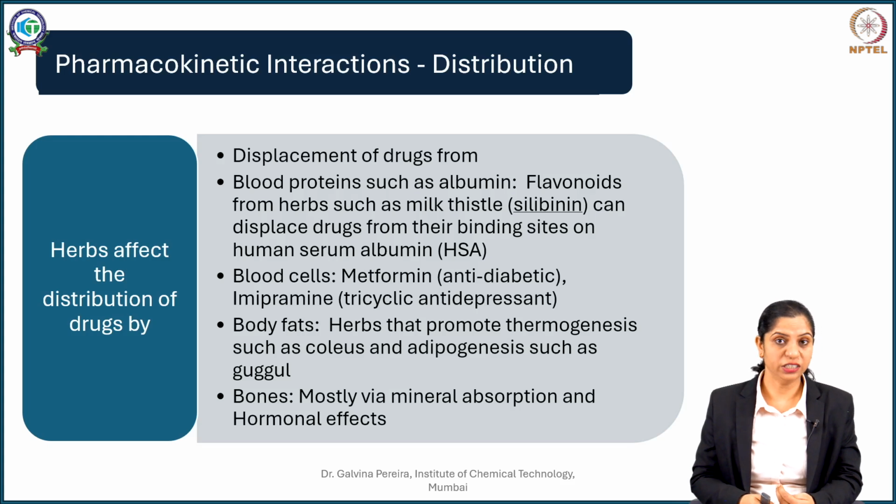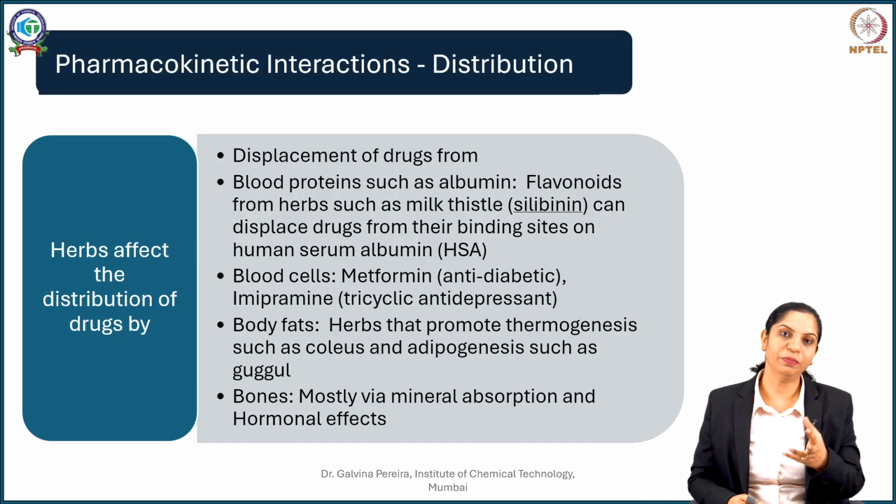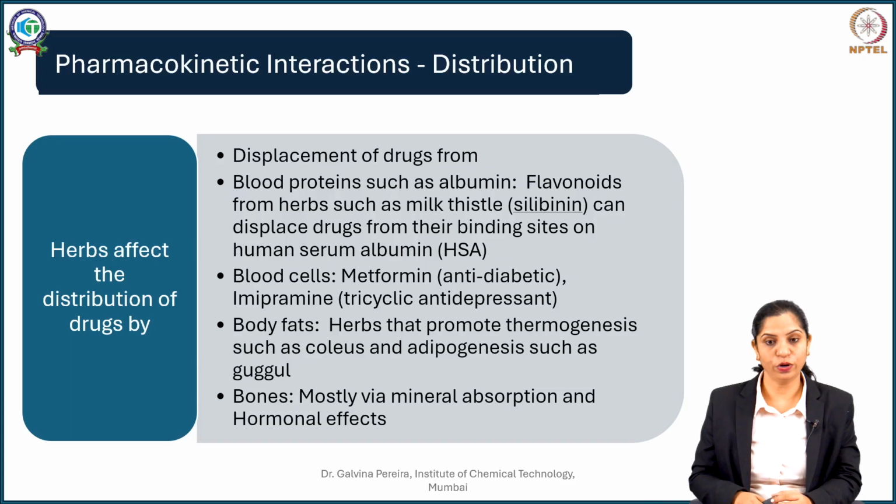Now certain drugs are also involved in what is called affecting the bone binding. Bones generally are a good site for mineral absorption, so your calcium and most of the minerals get deposited on the osteoclasts, and that's a very good thing because that is important.